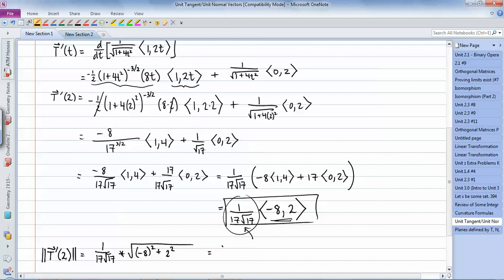So it's going to be root 68 divided by 17 root 17. You can take a 4 out of that and you have 17 left, so it's 2 root 17 over 17 root 17. So that's convenient. And the length is 2 over 17.